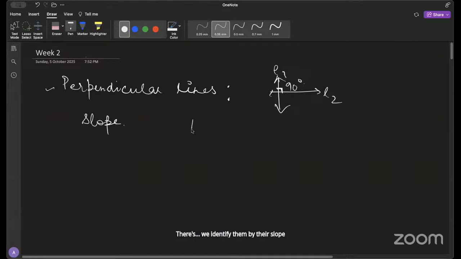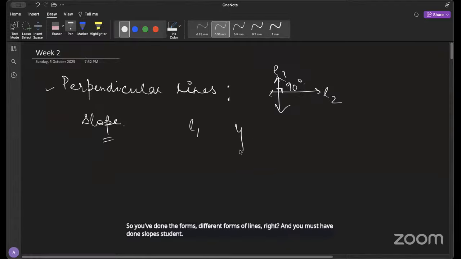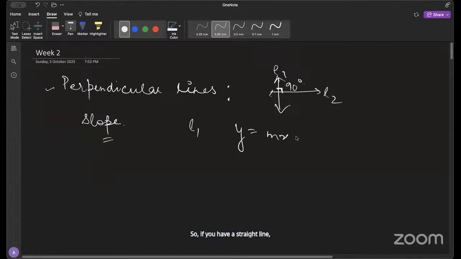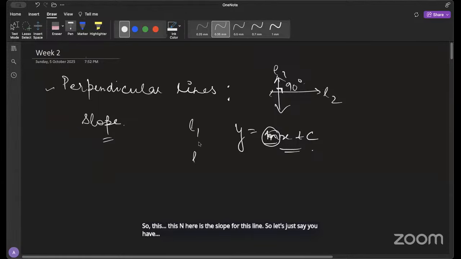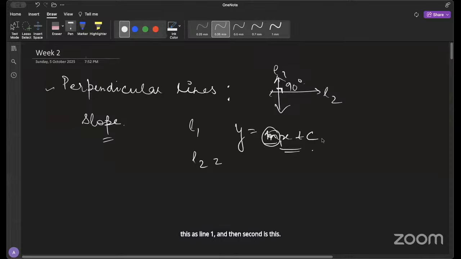Let's say you have line L1, and you have done the different forms of lines, right? You must have done slopes too then. If you have a straight line y = m1x + c1, this is one of the forms, and this m here is the slope for this line. Let's say this is line 1, and the second is y = m2x + c2.